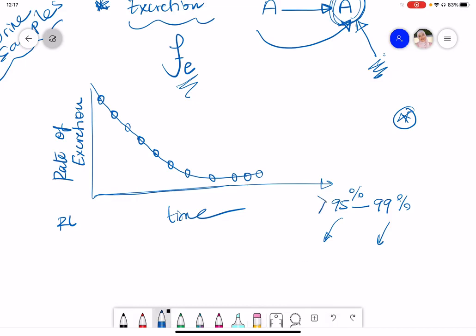This is happening at 5 half-lives and 7 half-lives. Usually in practice, it depends on the researcher and the clinical study that we are doing. As a rule of thumb, we use five half-lives as enough time because we are getting more than 95% of the drug excreted at that time.